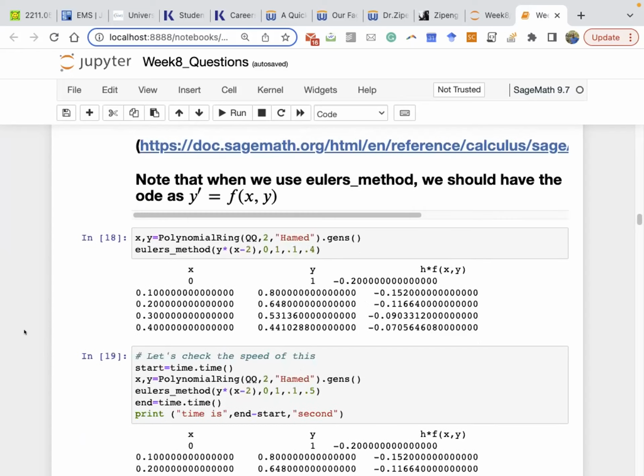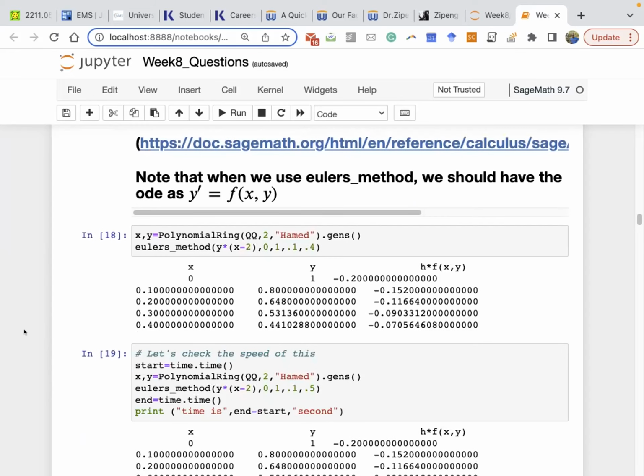So Euler's method is given to you. So the command is this. But in the assignment, you are not allowed to use the inbuilt commands. Although I think there is none for Heun's method in the SageMath. It's not established. It's not ready. You need to prepare it by yourself.